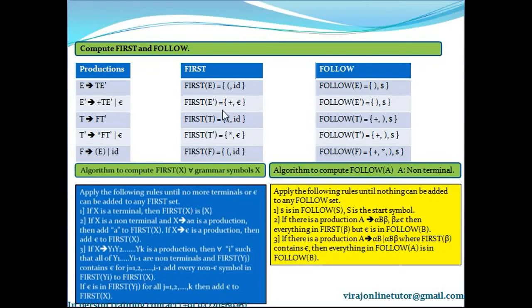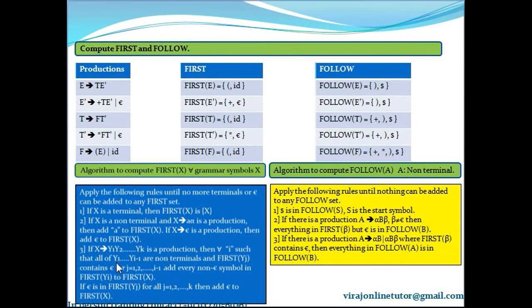Next option is E dash gives epsilon. So first of epsilon is epsilon, so place it here. Next is this example. What is first of T? I have already computed it. Open bracket and id, so place it here. Since first of T does not contain epsilon, I stop it. So with this, my first computation is done.